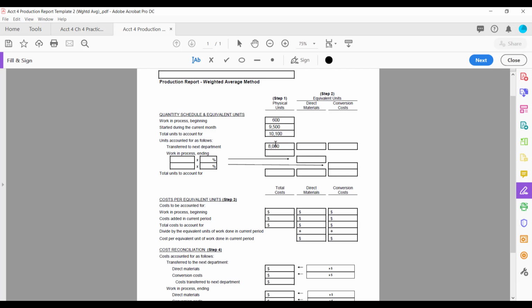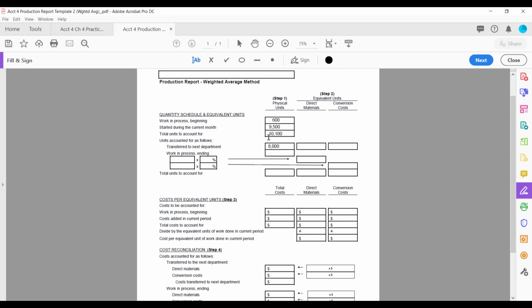Well, if you transfer these units to the next department, did this current department complete its work? It must have, right? The only way you can transfer units to the next department is if you've completed them 100% with respect to the activities that need to be done in that department. So if we now move over to step 2 here, remember equivalent units, that's the number of units times their percentage completion.